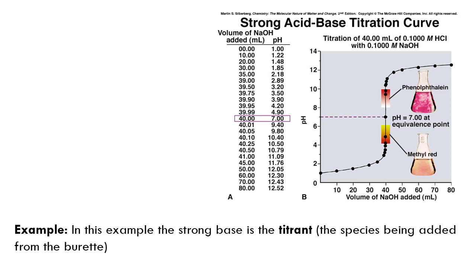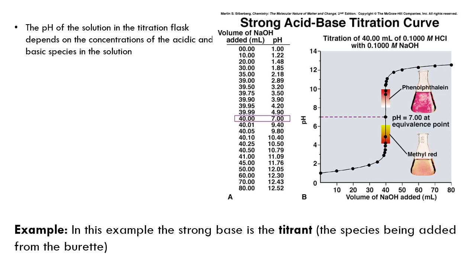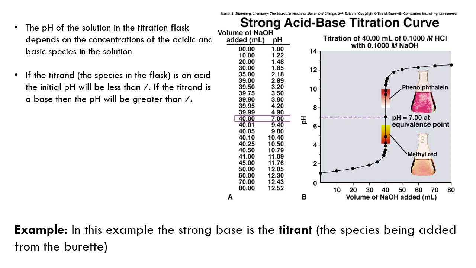So let us look at some considerations for strong acid, strong base titrations. The pH of the solution in the titration flask will depend, as we've said, on the concentrations of the acidic and basic species in the solution. If the species in the flask is an acid, then the initial pH will be less than 7. If it is a base, then the initial pH will be greater than 7.